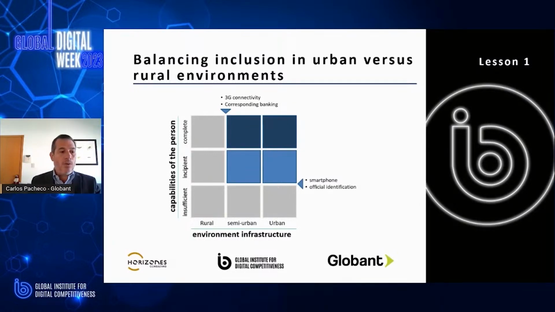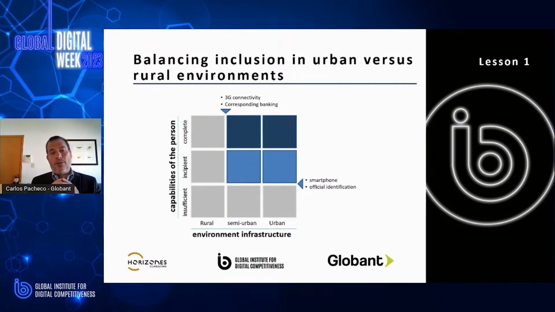And the second one, which is a challenge in some countries, is having an identification that is backed by an official or government institution. And that's important because in setting up some of the accounts, our anti-money laundering processes require some kind of identification. So what we're saying is we should focus on semi-urban and urban people who have incipient or complete capabilities defined by these indicators: a smartphone and official identification.